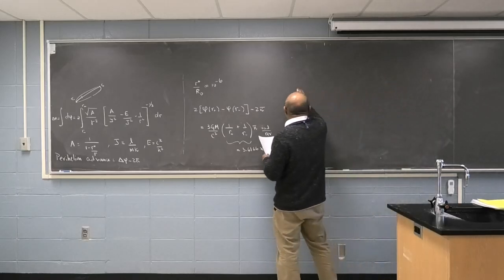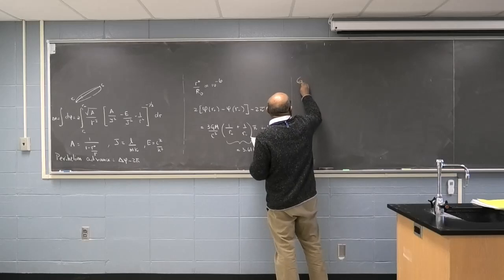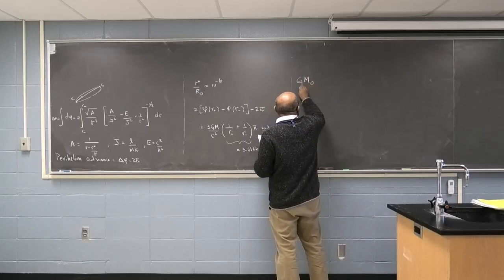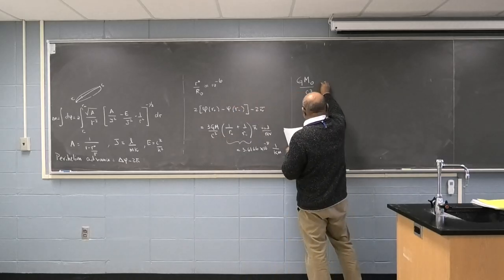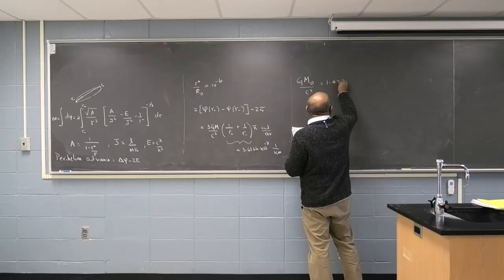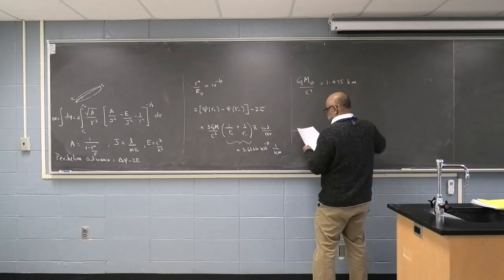GM over c squared, big M, so the mass of the sun, over c squared. We need that because that's over here. And that is 1.475 kilometers.